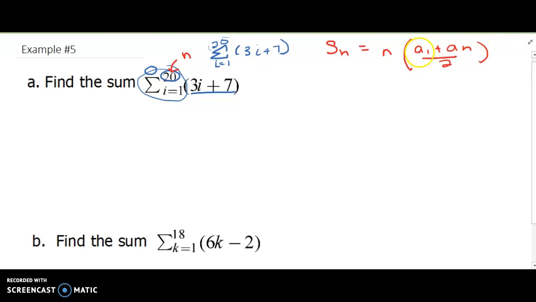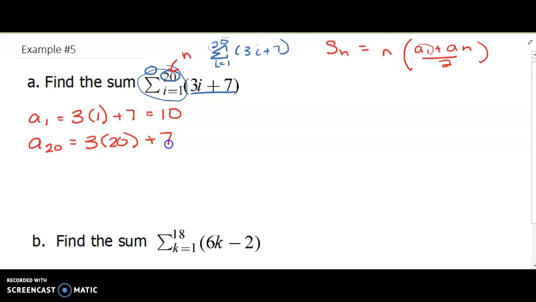So really what I need to find is our a1 and our a sub 20. a1 can be found by plugging in 1 for i, so 3 times 1 plus 7, which is just 10. Then a sub n, or a sub 20, can be found by 3 times 20 plus 7, which is just 67. So my a1 and my a sub n are here.